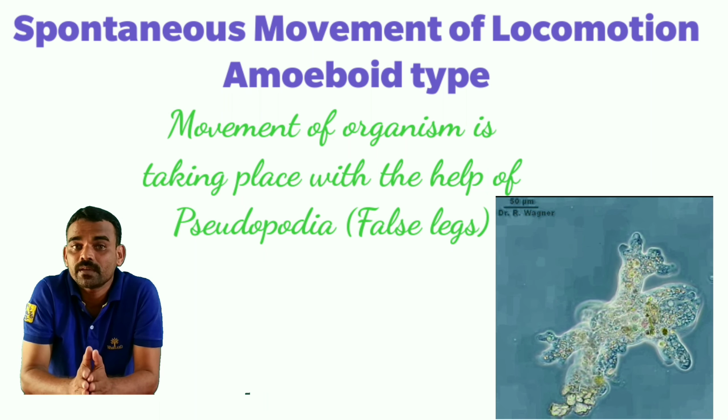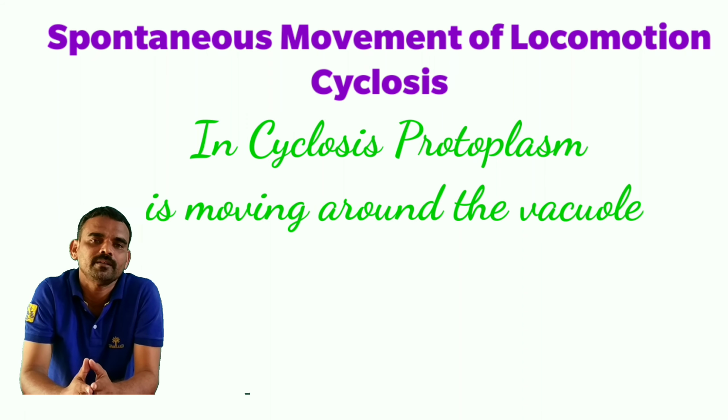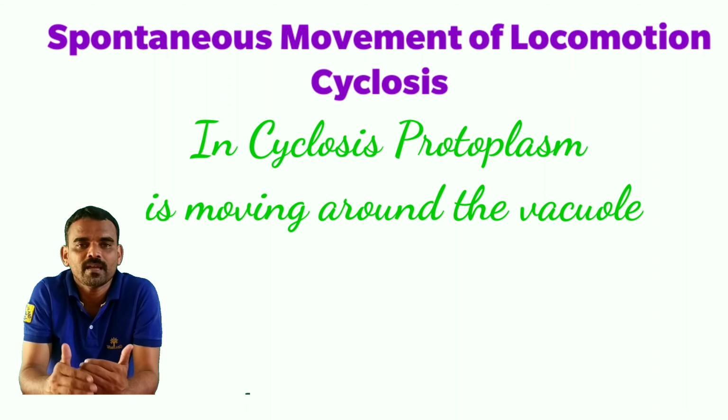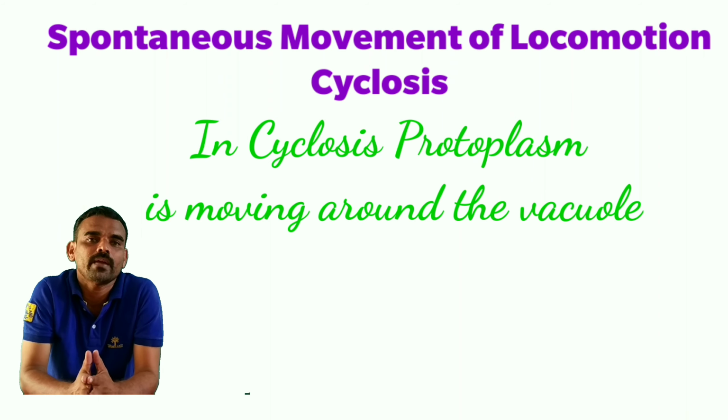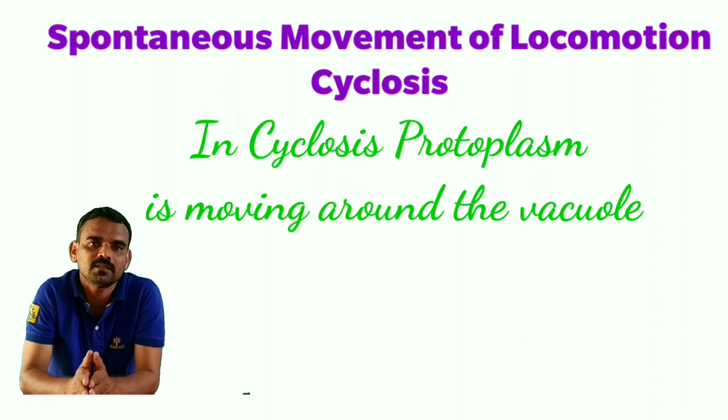And the last type is cyclosis. In such cells or plant body, protoplasm is moving around the vacuoles. This movement, or cyclosis, is of two types.